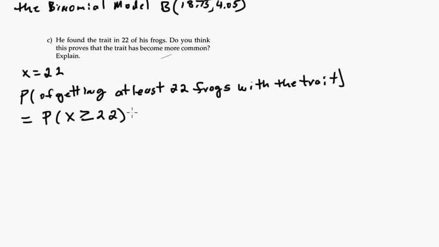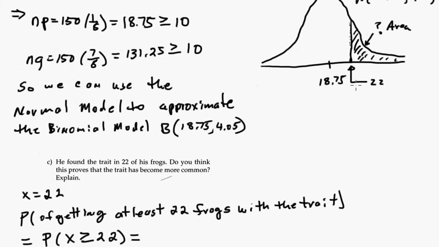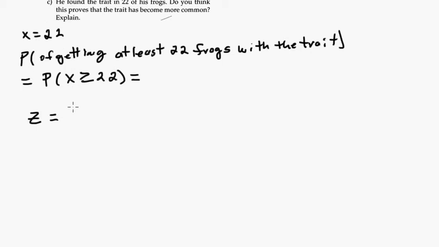Okay, so we can do that now because we have the normal model. We can do this z computation. What we'd like to find out is the z value here. If this is x, then what is the z value for that point? So z is x minus mu divided by sigma. We already calculated those. 22 is our number of interest.